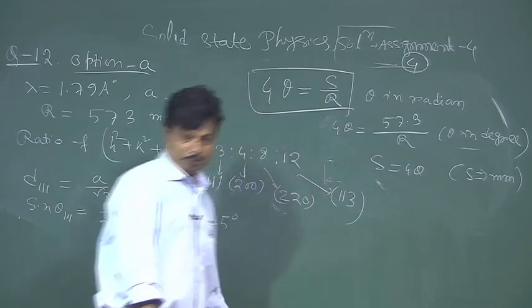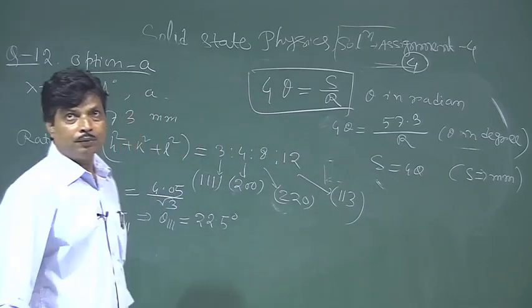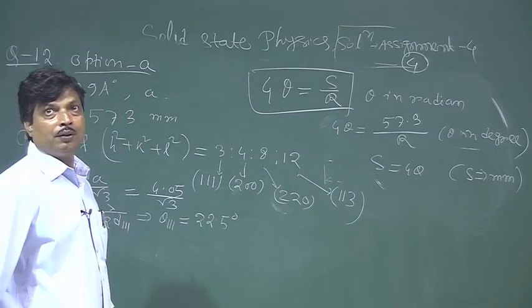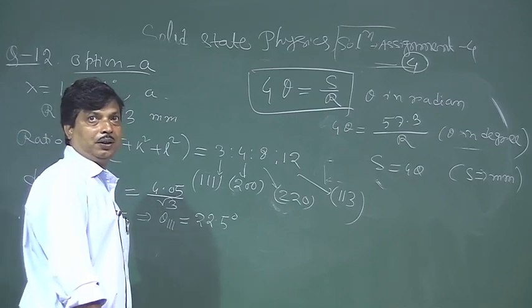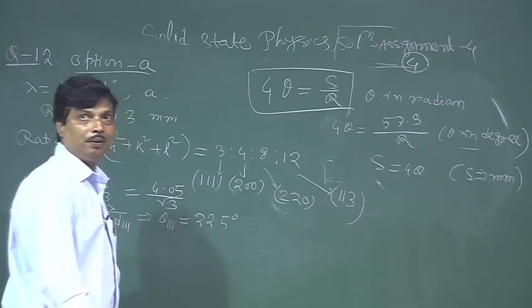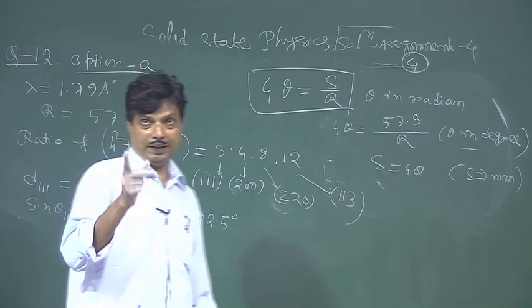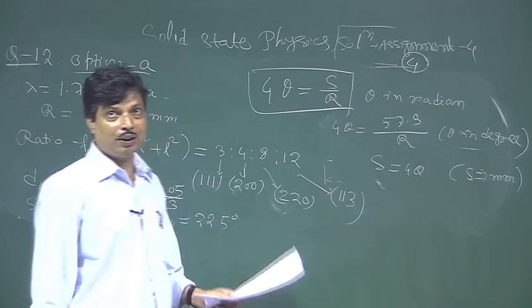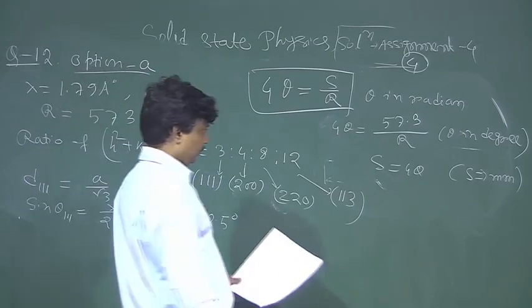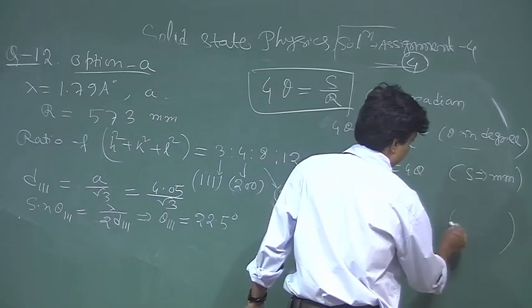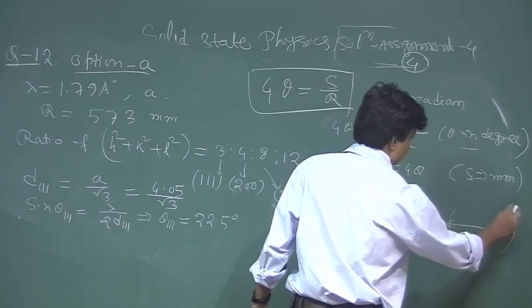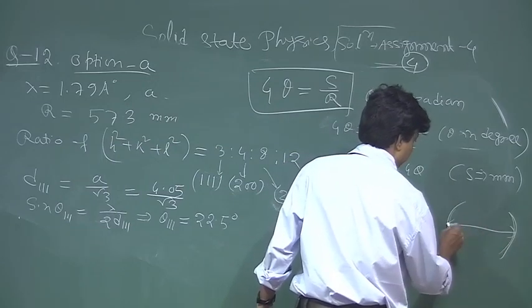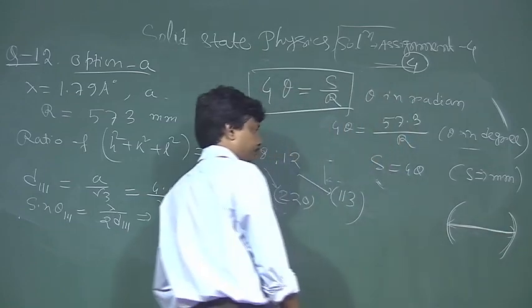So, note these conversion relations: 4 theta is equal to S by R with theta in radian, 4 theta is equal to 57.3 by R with theta in degree, and S is equal to 4 theta. S is what? The distance between the two diffraction lines of the same order.